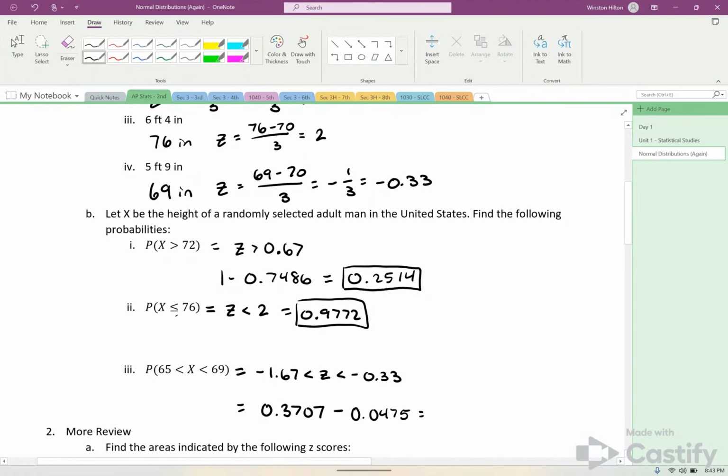And I'm going to type that one into a calculator real quick. 0.3232.